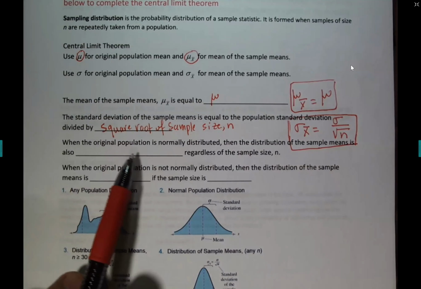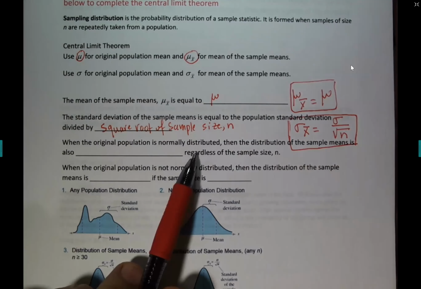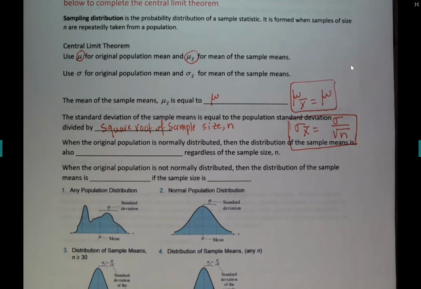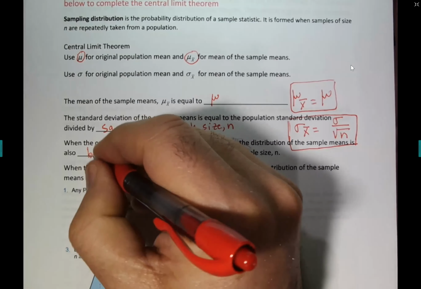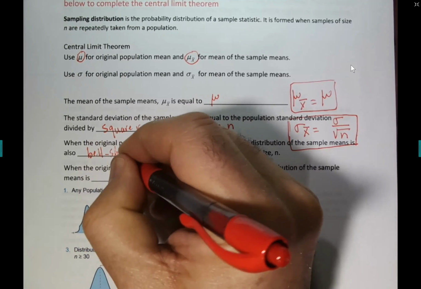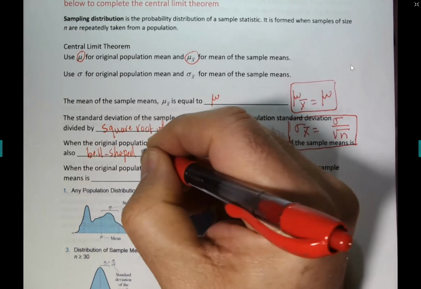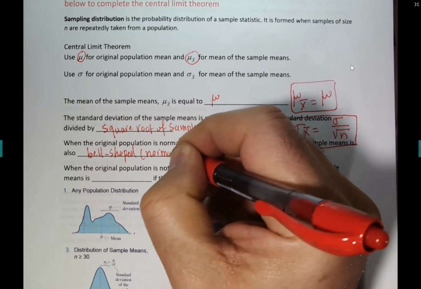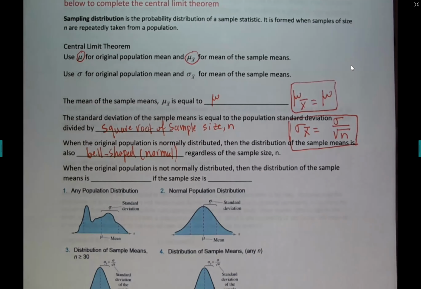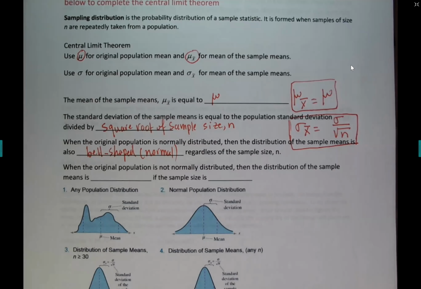When the original population is normally distributed, that means it's bell-shaped, then the distribution of the sample means is also bell-shaped. Normal. Remember, the word normal, guys, means bell-shaped, regardless of the sample size. Now, when the original population is not normally distributed, I showed you a couple of populations where they are skewed to the right, to the left, and we use a sample size more than 30.